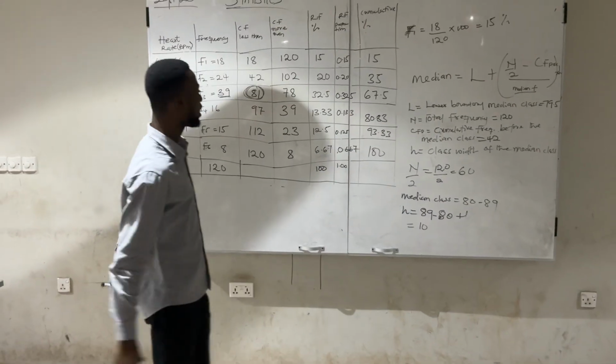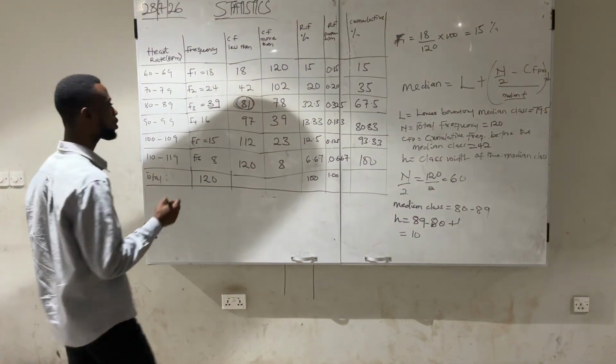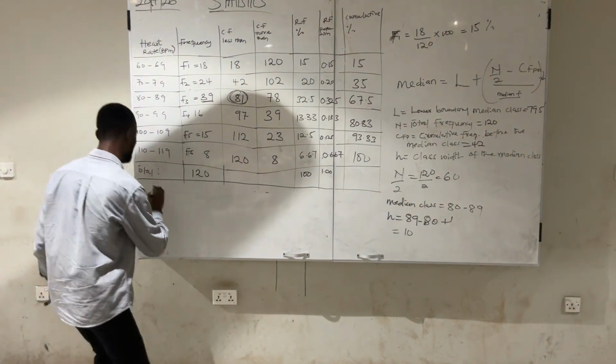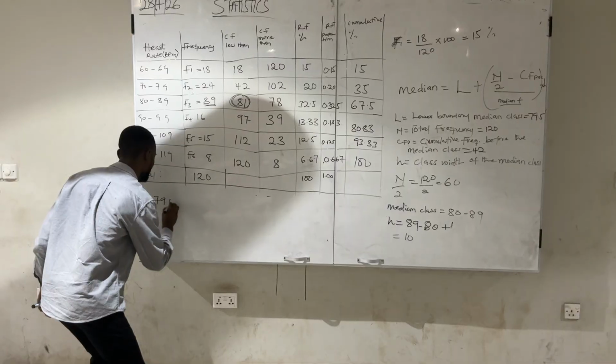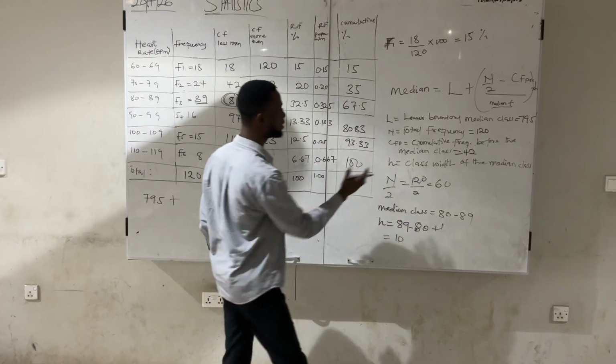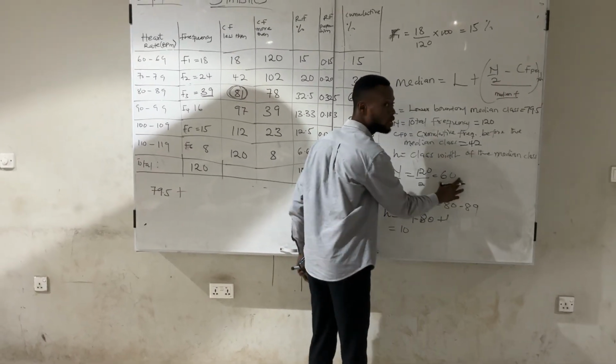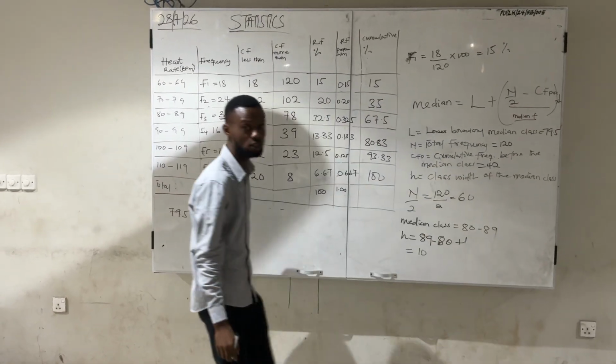So we are now going to substitute these values into the formula. Now, we know L to be 79.5 plus, and here is the same as the median, so we know the median position to be 60. So we just substitute the 60.